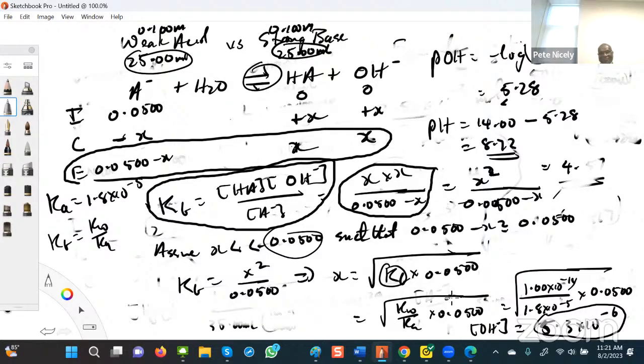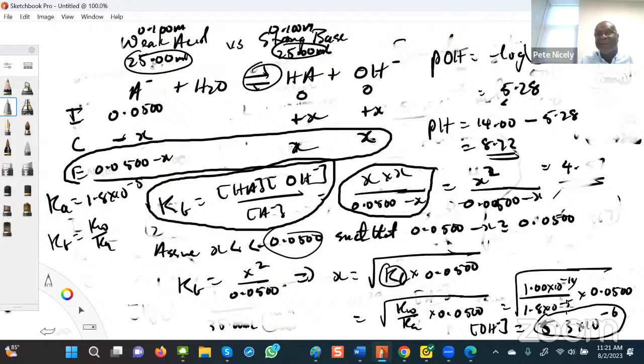Exactly, right. And this highlights another important thing too, is that in the case of a strong acid, strong base reaction, the pH at the equivalence point is going to be 7, right? Now, in the case of a weak acid versus a strong base, which is what we did here, the pH is going to be above 7.